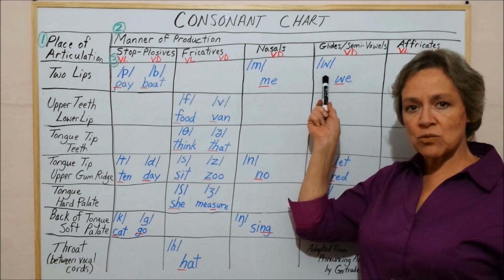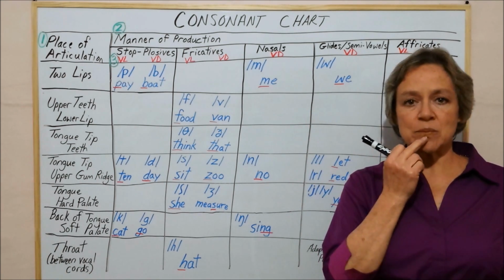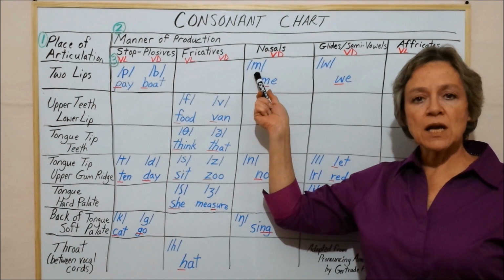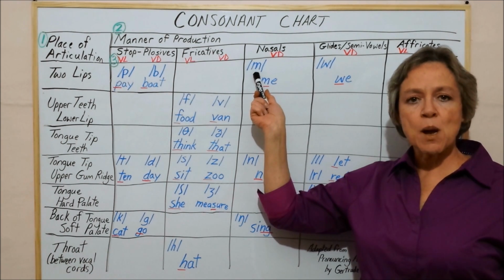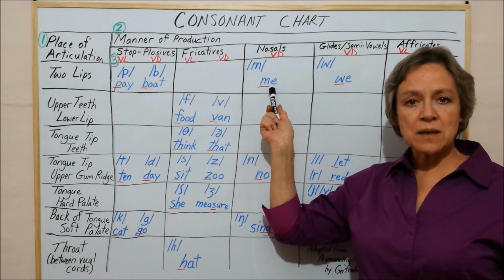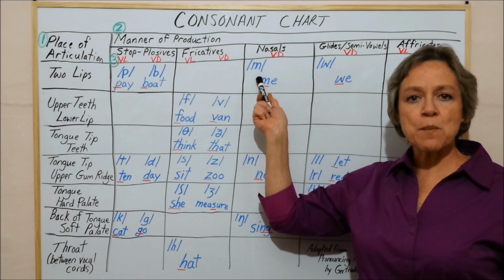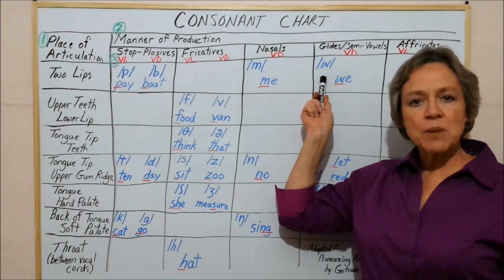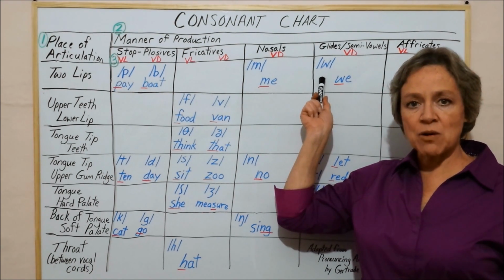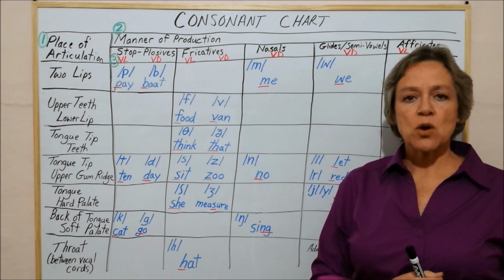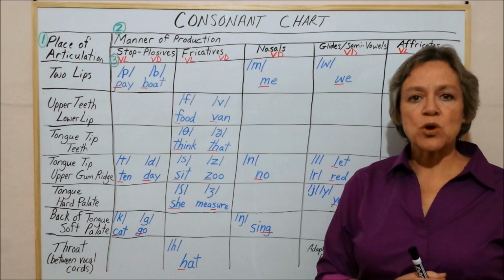Notice with this sound, I'm using my lips, but I'm not closing my lips. For this sound, I closed my lips. This one is me. So I closed my lips. For this one, my lips are open, but they are important for this sound. They are open and they are rounded, like this.